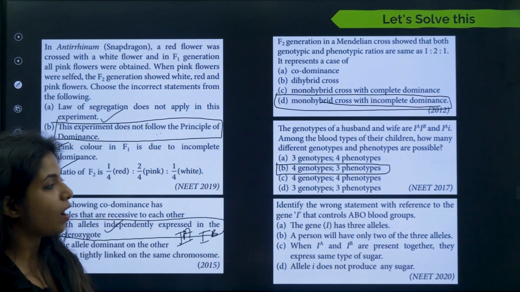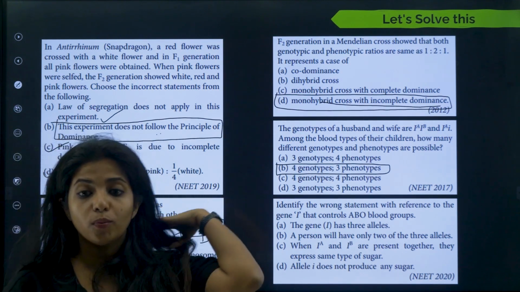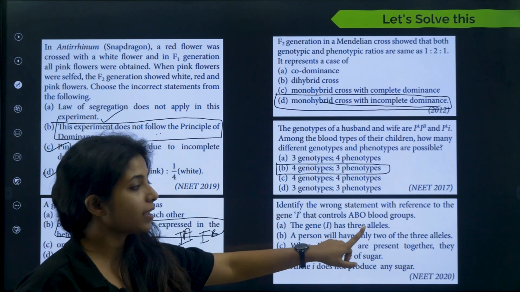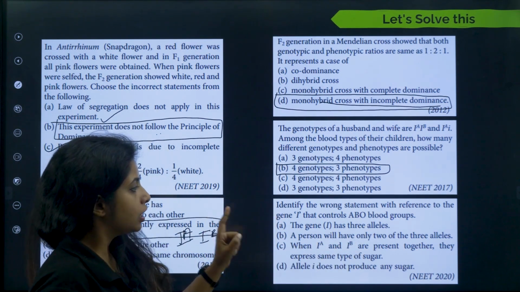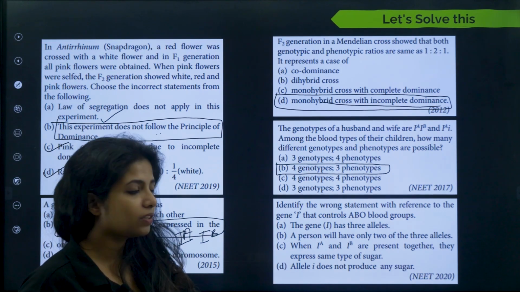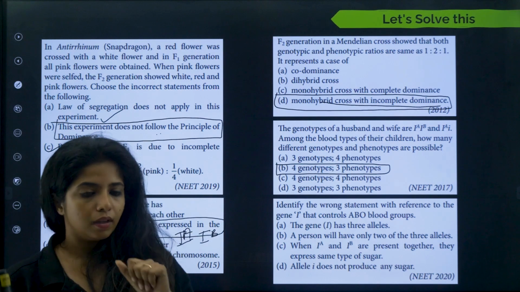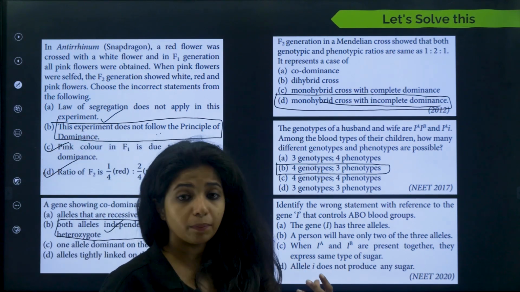Okay. Now identify the wrong statement with reference to the gene I that controls ABO blood group. So gene I that controls ABO blood group has 3 alleles, yes, A, B and O. The person will have only 2 of the 3 alleles, yes, one from one parent, one from the other parent. So 2 copies. Okay, fine, done. When IA and IB are present together, they express the same type of sugar?